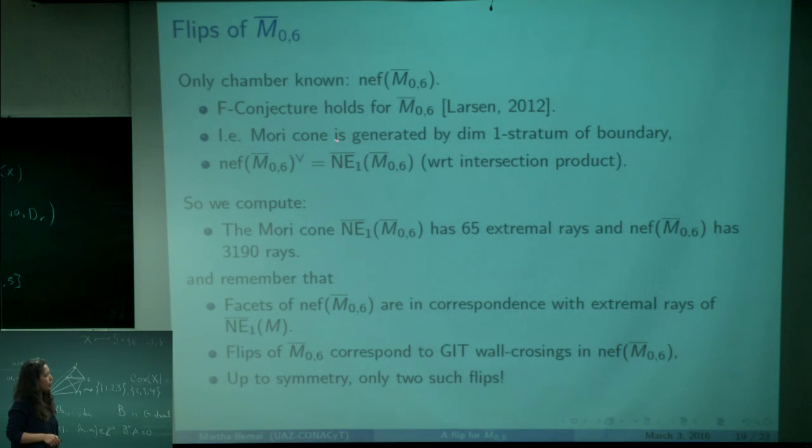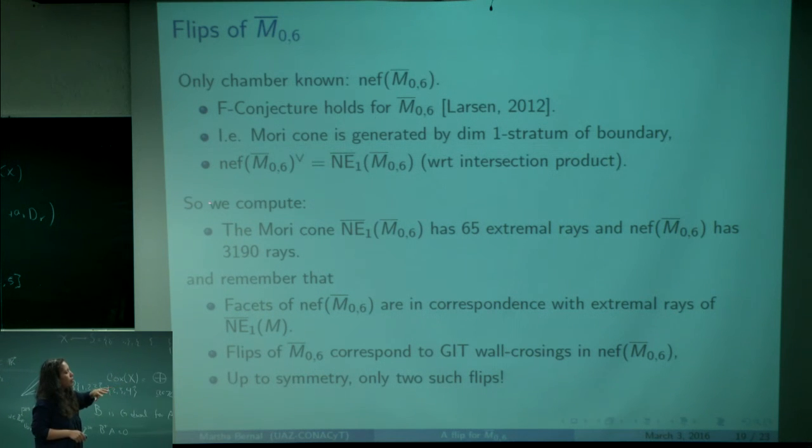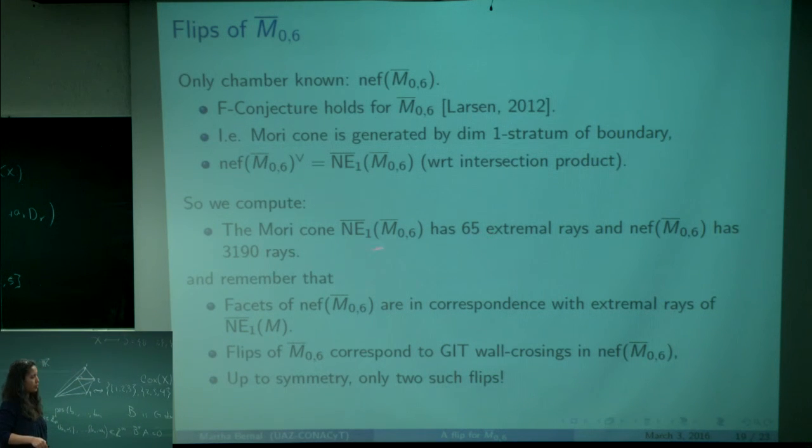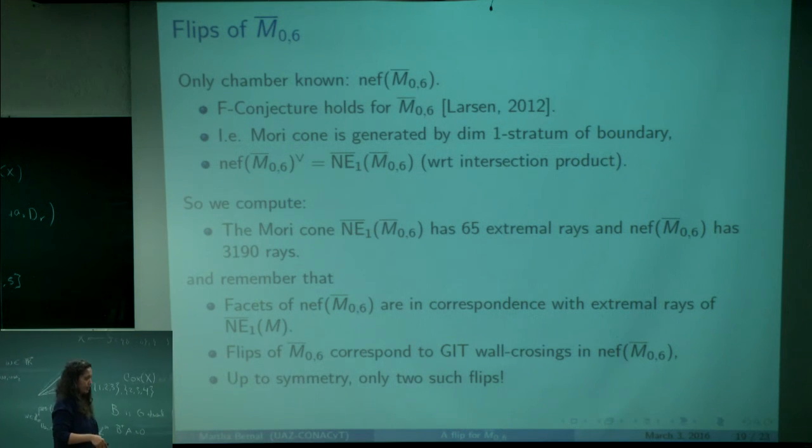So we compute the Mori cone, we compute the effective curves, and we compute using a small computer. You can compute the dual because the dual is with the intersection product. And it happens that the Mori cone has 65 extremal rays, and the F cone has only 3,180 rays. And up to symmetry, really, there are only 26 rays. So we need to concentrate on only 26 rays.